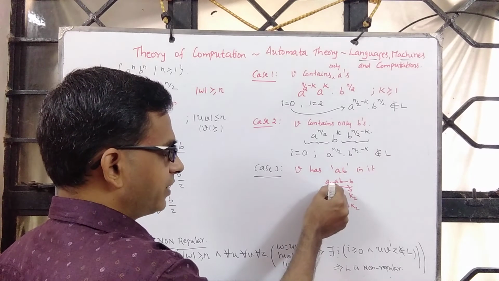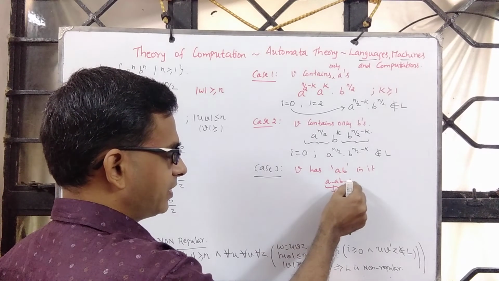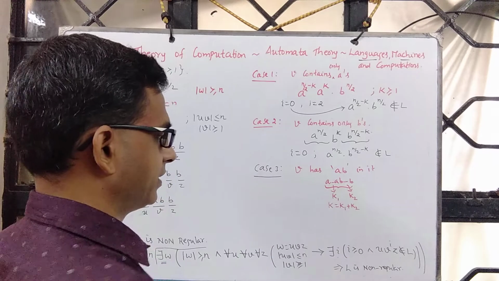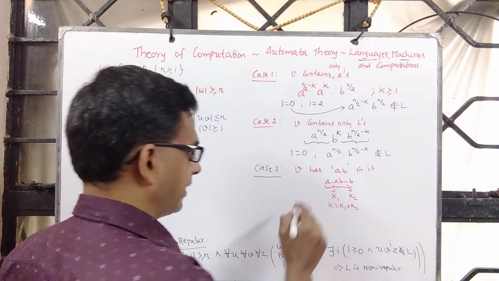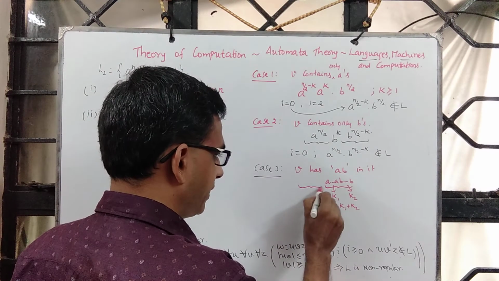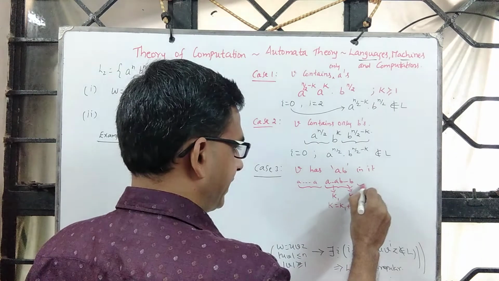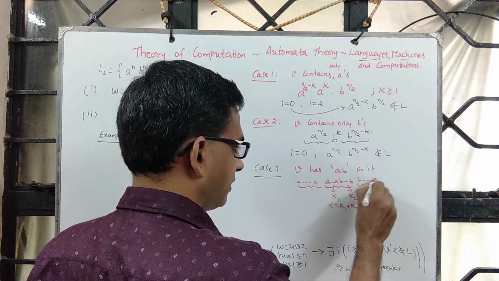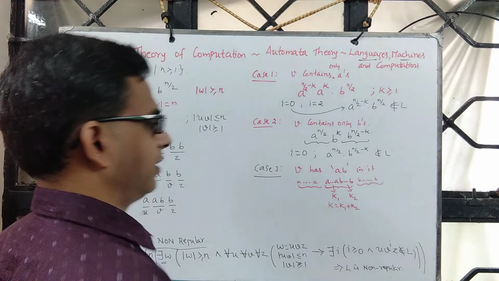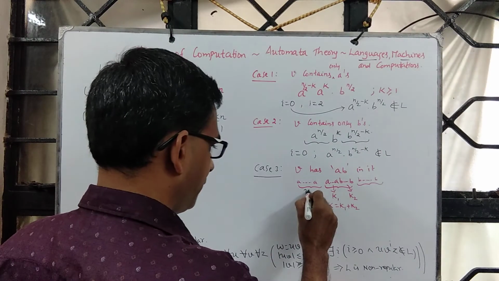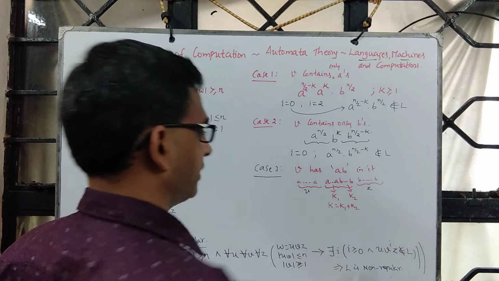Before this it can have some number of a's, after this it can have some number of b's. So this part is clear. To its left it is u, that will have all a's. To its right it is z, that will have all b's. So this is my u and this is my z.